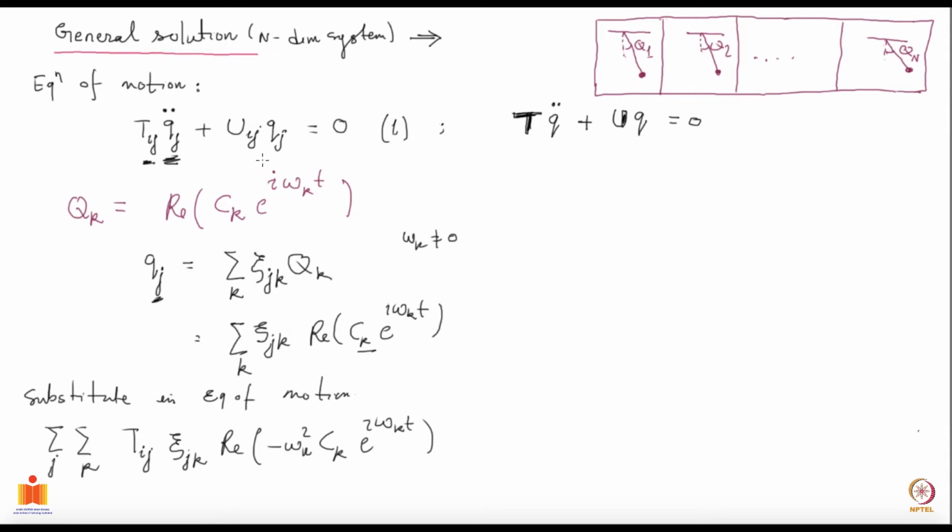and then you have your potential energy term, which gives you the following: plus Uij xi j k, and then the real part of ck e to the i omega k t. Okay, that's what you have.